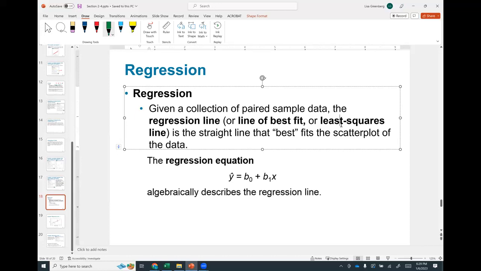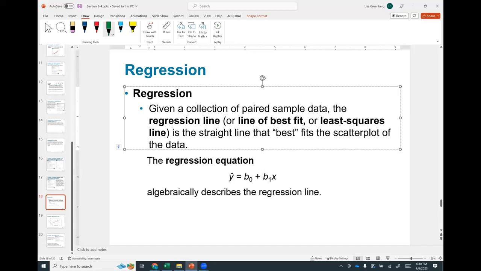So now I add up a bunch of positive values. And whichever has the smallest value would be the line of best fit, which we would call the regression line. And it's the straight line that best fits the scatter plot of the data, okay?